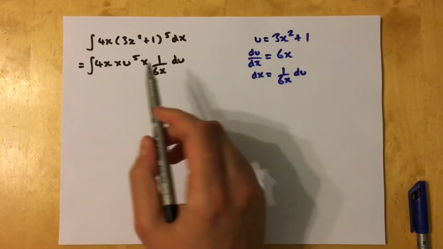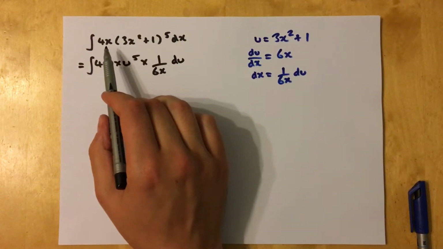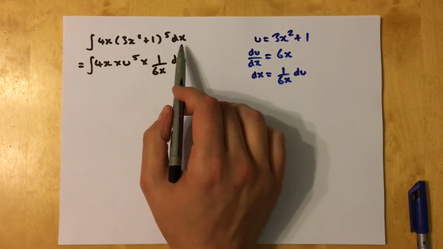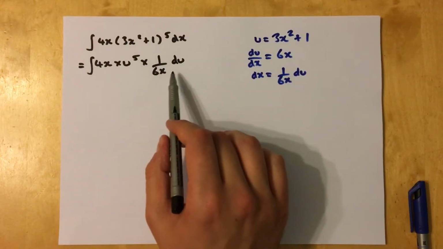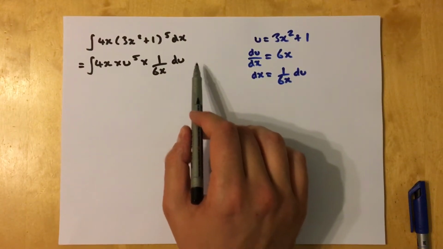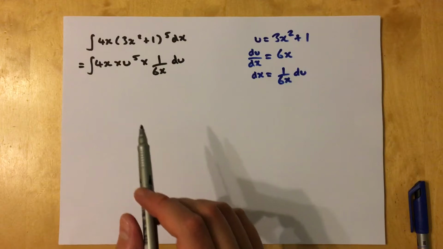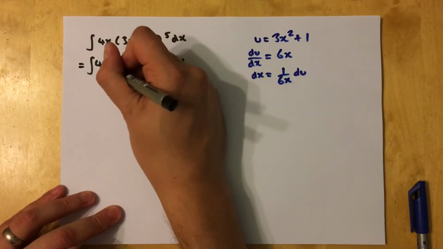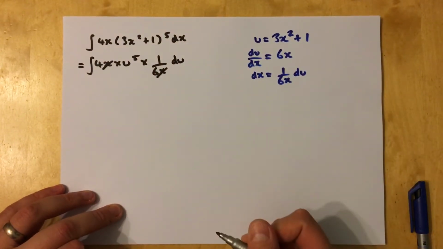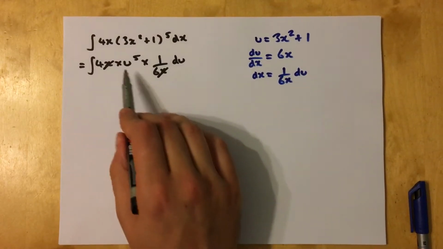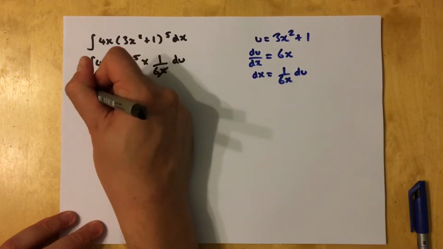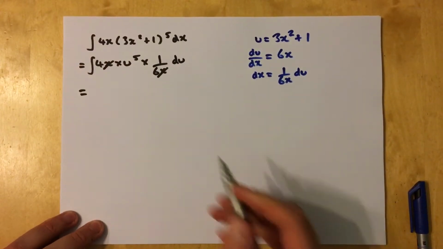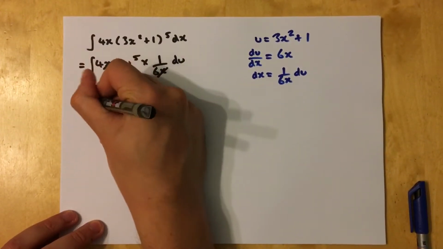Now a moment ago I said we don't want a function involving x's and u's that we have to integrate with respect to x. We also don't want a function involving x's and u's that we have to integrate with respect to u. But we can see when we make this substitution, the x's cancel. So we now end up with a function just in terms of u to integrate with respect to u. Just tidying up a little bit before we integrate it, the 4 over 6 becomes 2 over 3.